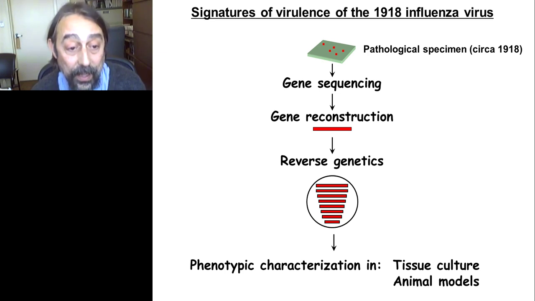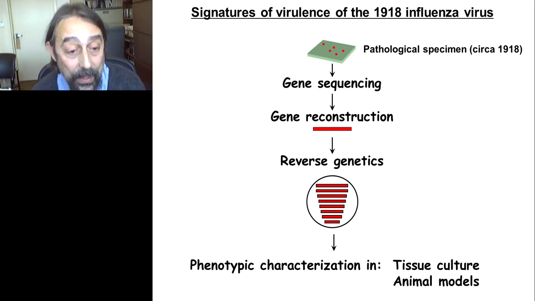Using these reverse genetics techniques, we were able to generate back the 1918 virus from the sequence of the individuals that died in 1918 of Spanish influenza, or 1918 influenza. And obviously this was done in high biocontainment units by our collaborators at the CDC.